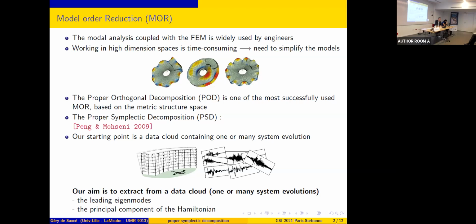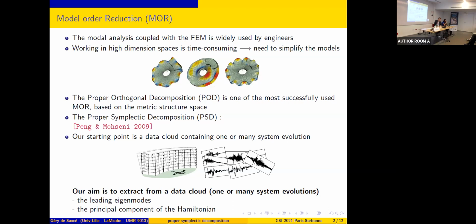Our starting point is a data cloud containing one or many system evolutions. For instance, with this building, we have a structure subjected to various excitations: wind, earthquakes, and so on.